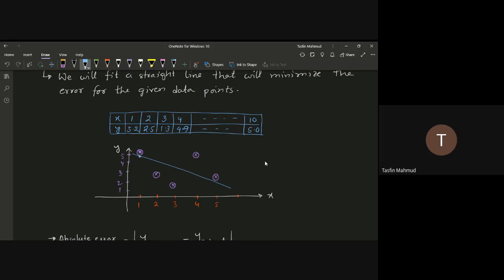So we have to consider their difference, the difference in their y values. This purple colored one gives us the y actual, and this blue colored one gives us the estimated value. And we are actually considering this difference.